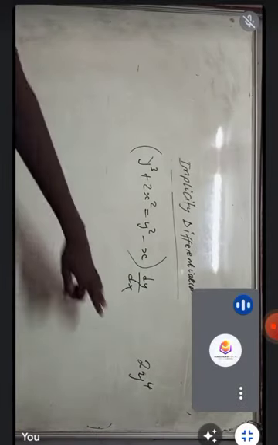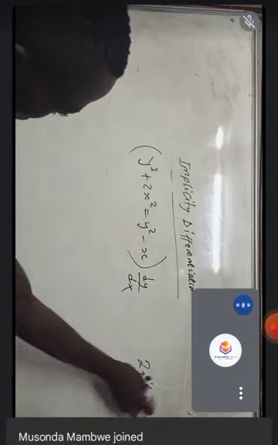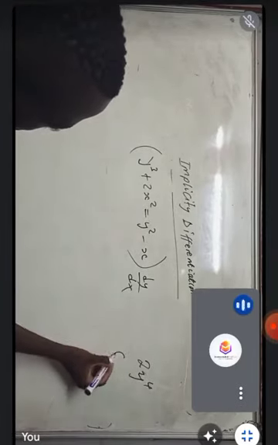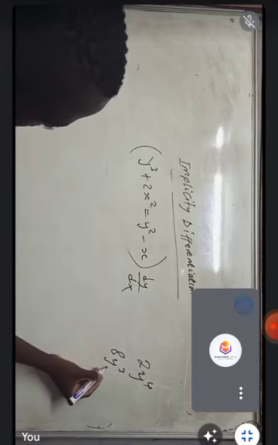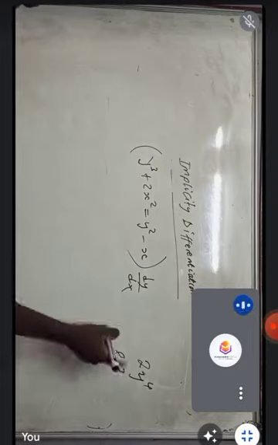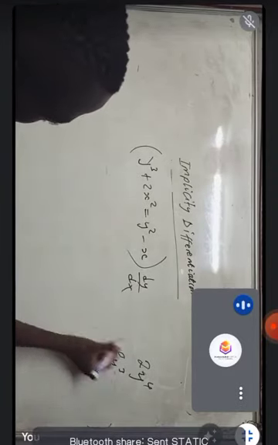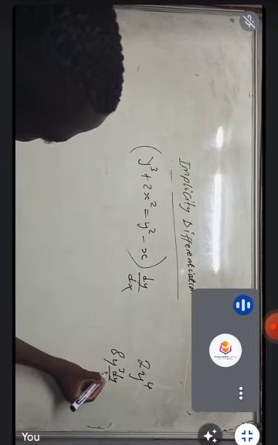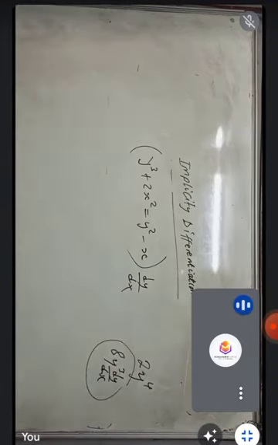Wherever you are differentiating y, the differential will be 2 multiplied by 4 is 8, then the power reduces by 1, so it will be 3, 8y to the power 3. Since you are differentiating y, always you should multiply this by dy/dx. Are you clear now?